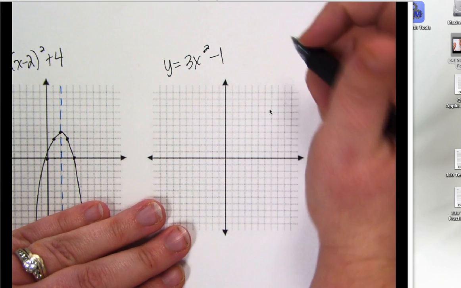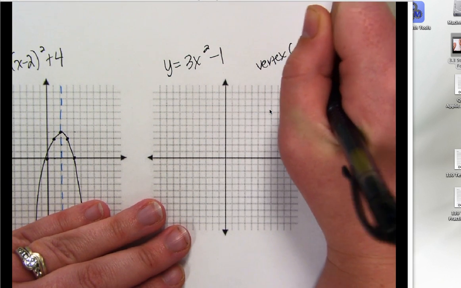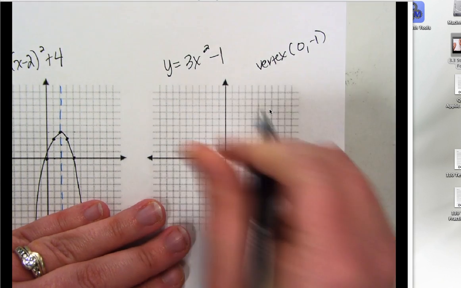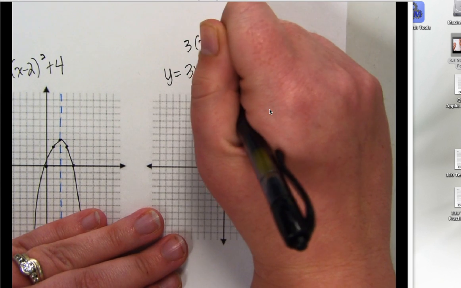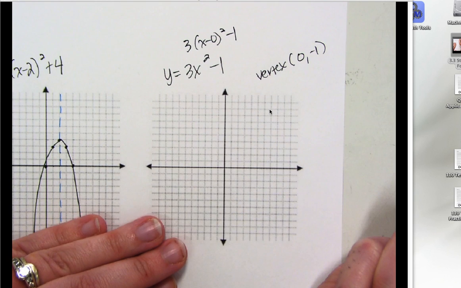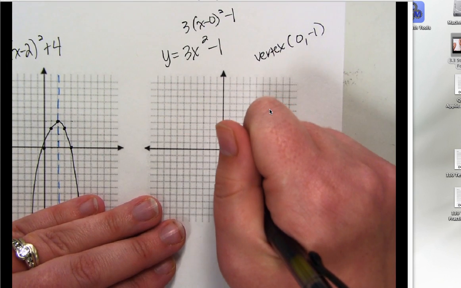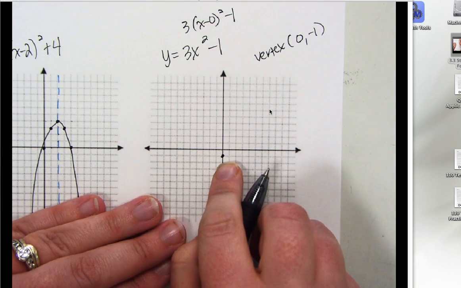So you can plot this one a few different ways. If we're using vertex form, the vertex would be 0, negative 1. The 0 is coming from the fact that this is really like 3 times x minus 0 squared minus 1. So 0, negative 1 gives us the vertex, and it's also giving us the y-intercept.